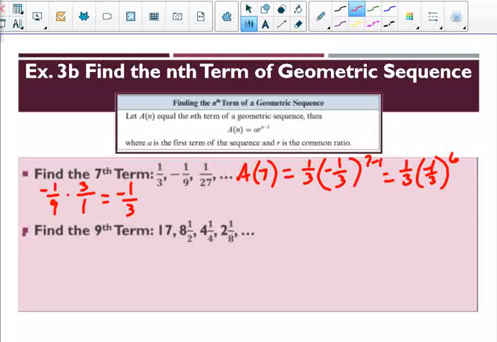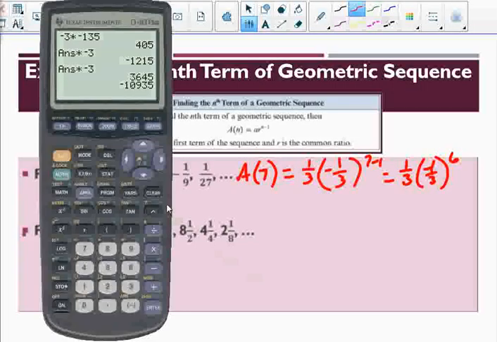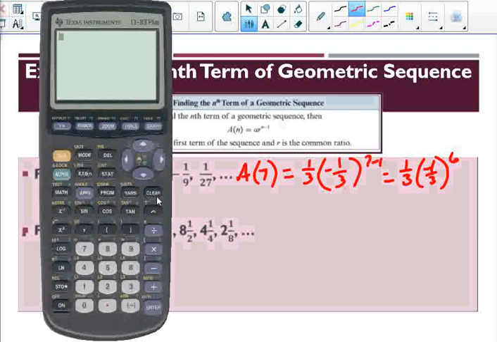So I'll get my calculator out again. Now I clear what I had before. I have to raise both the numerator and the denominator to the sixth power. So negative 1 to the sixth power is 1. 3 to the sixth power is 729. So now I have 1 over 729.